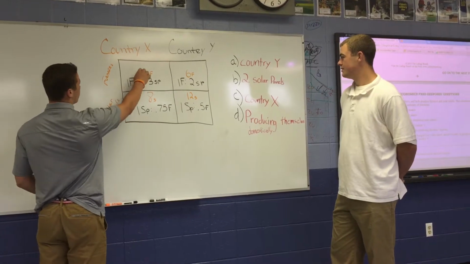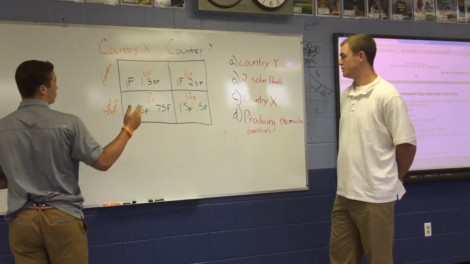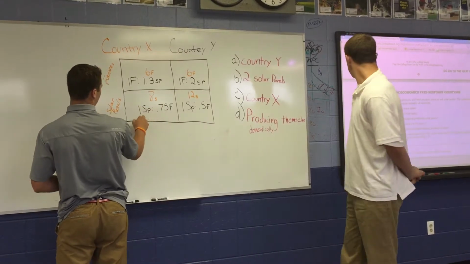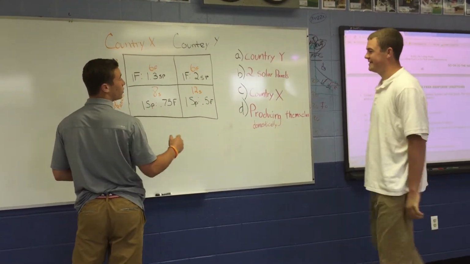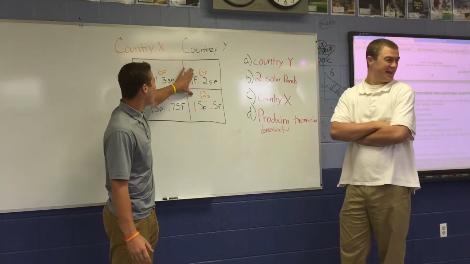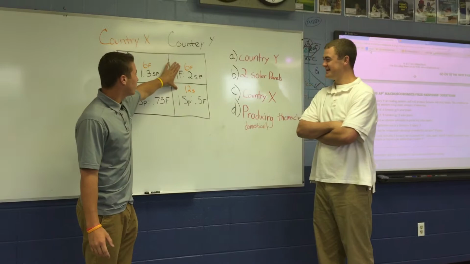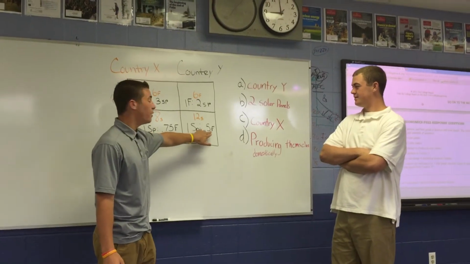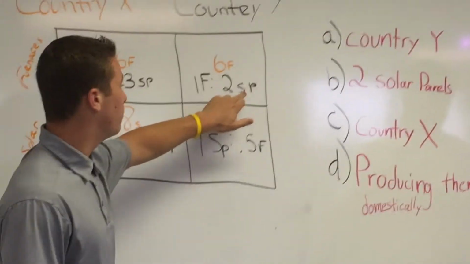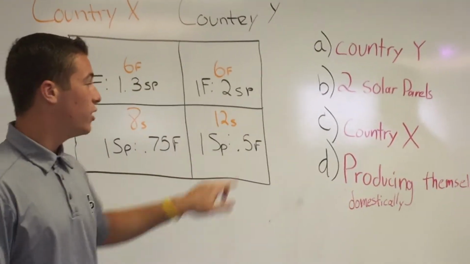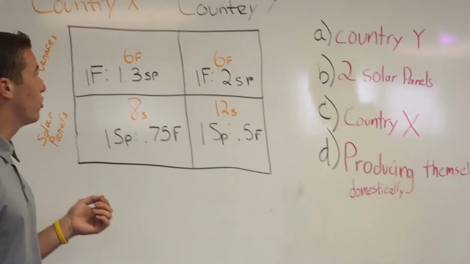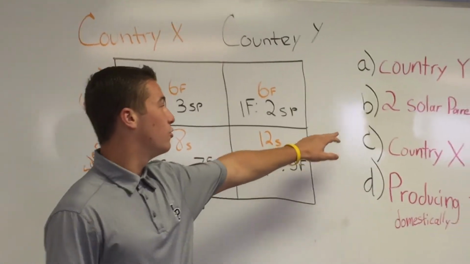For country Y, to produce 1 solar panel, they have to give up half a furnace, and to produce 1 furnace, they would have to give up 2 solar panels. So the opportunity cost of 1 furnace for country Y is 2 solar panels.